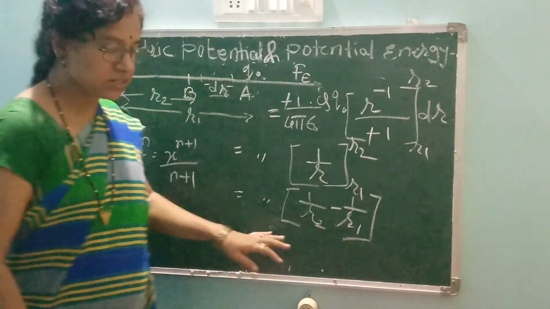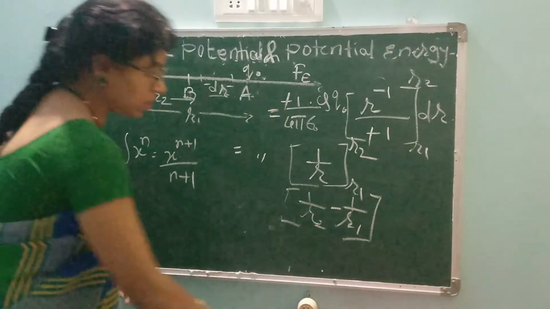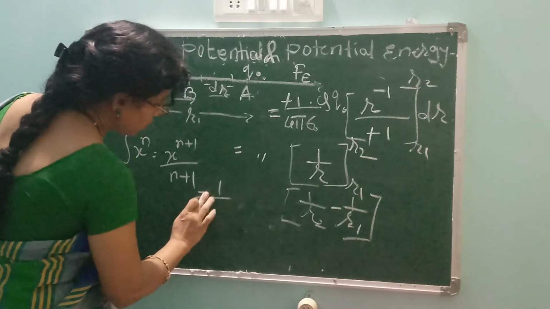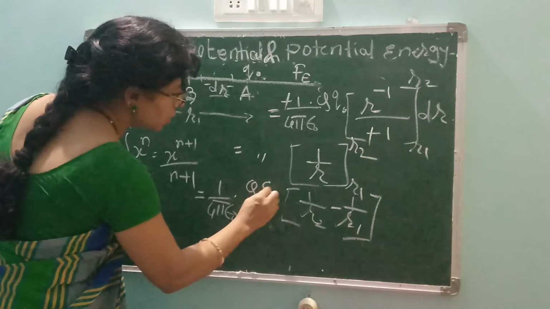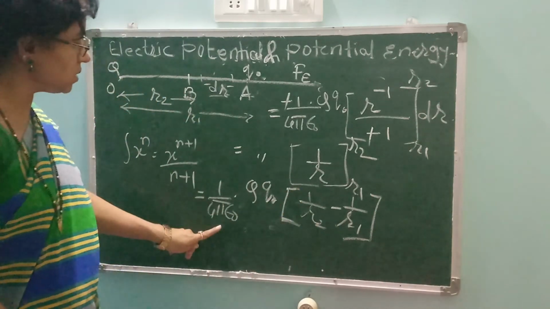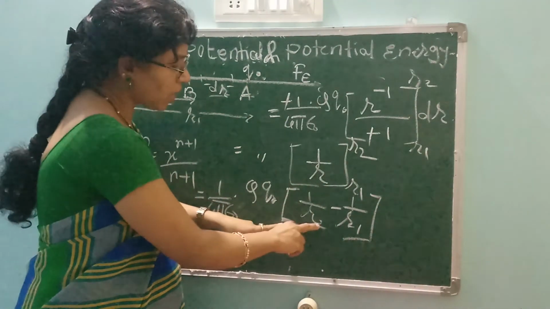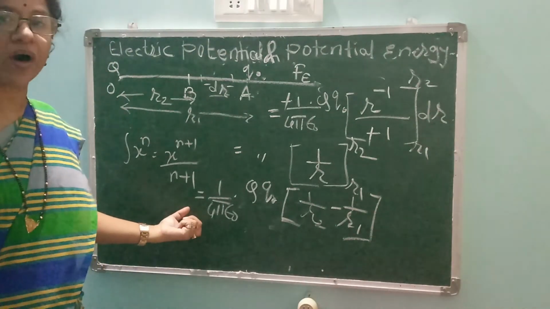Okay, and this is our required answer. What it is? Now if we write down all these terms it will be 1/4 pi epsilon 0, this is q and q0. Okay, तो ये constant है q0 and next 1/r2 minus 1/r1. This is our required answer.